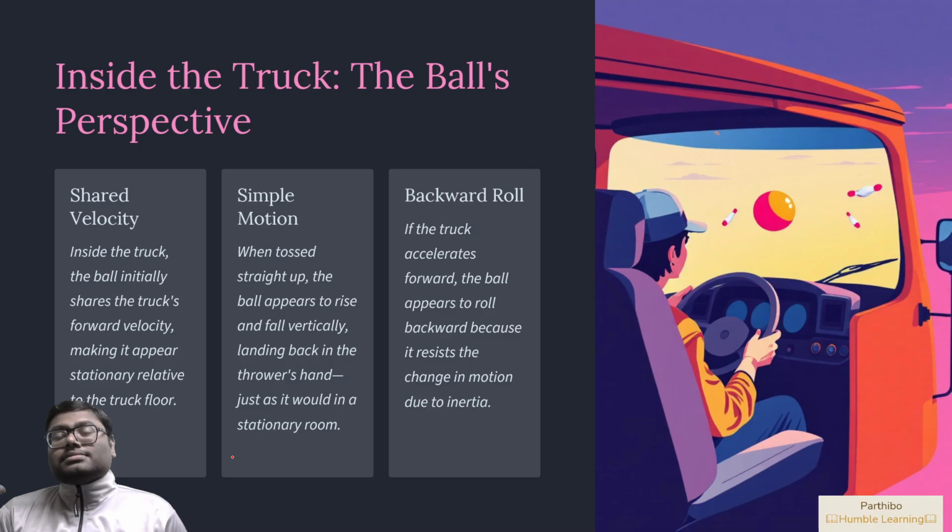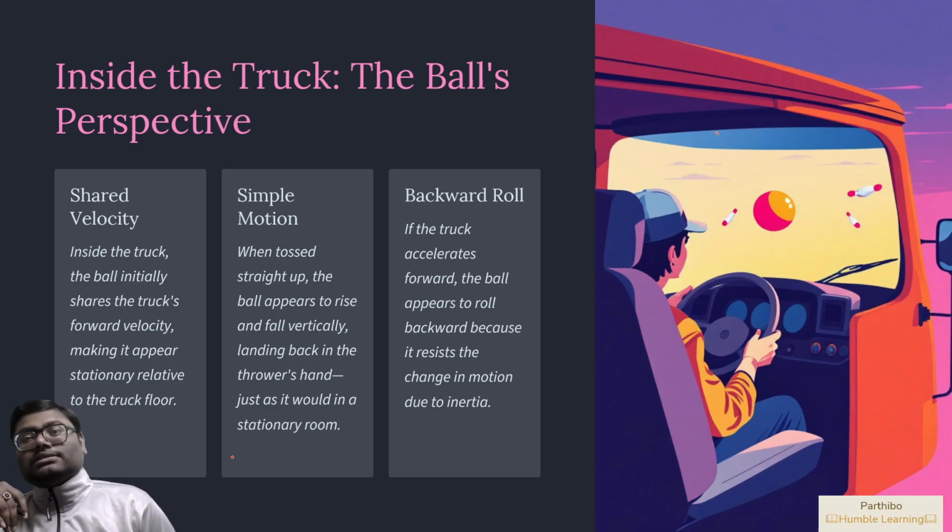As a result, as the truck increases velocity, it moves faster, but the ball remains in motion at the initial velocity. So that's why it appeared that the ball is rolling backward. Actually, the ball is not rolling backward. The ball remains in the same position or continues at the same velocity, but the truck is moving faster now.